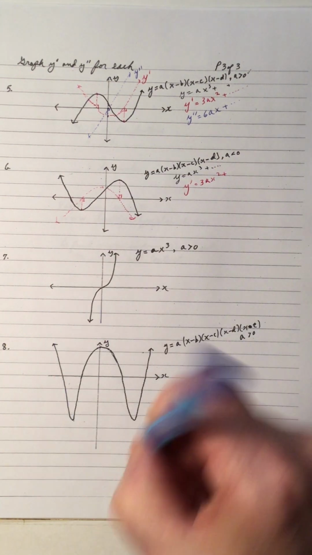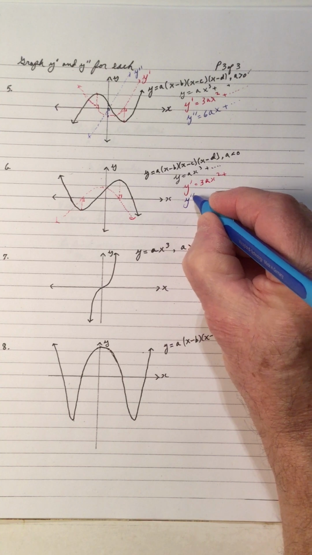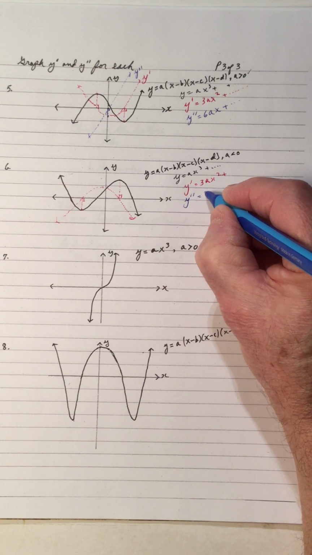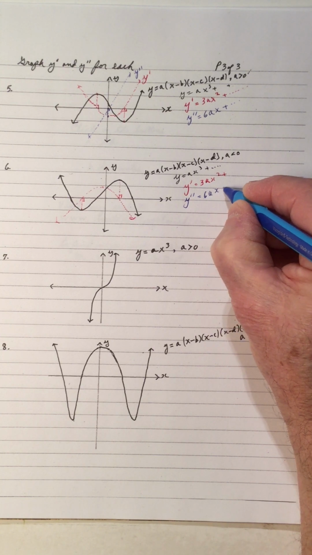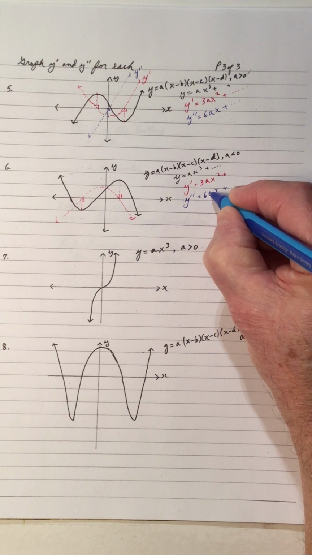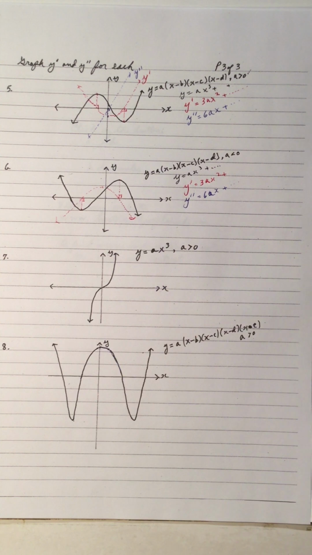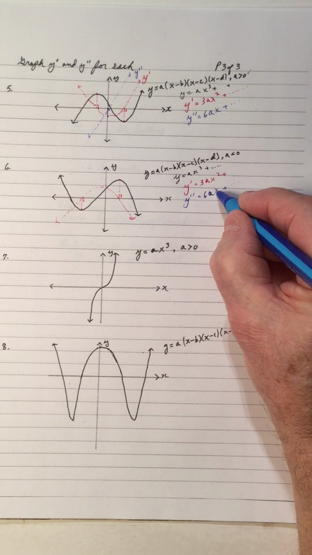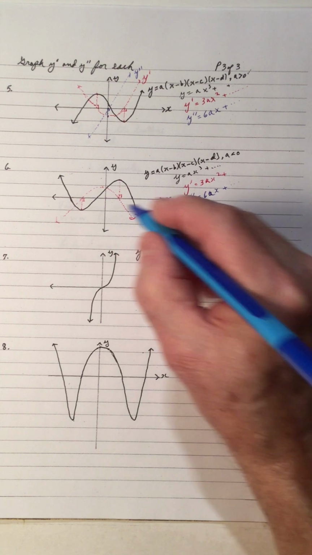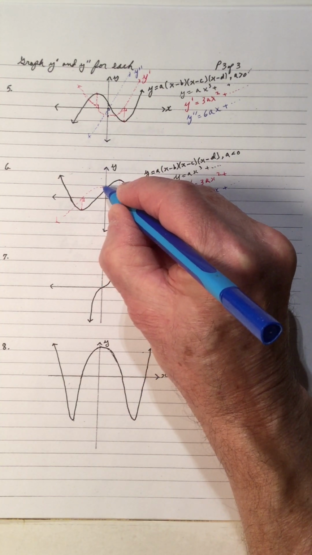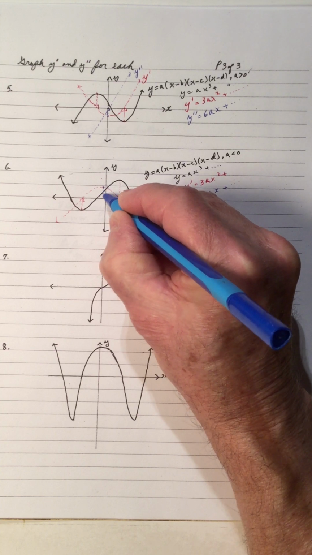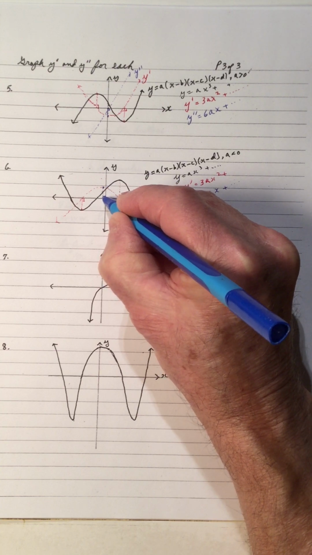Okay, now let's do the second derivative. 2 times 3a is 6a x plus a constant. So notice a quadratic derivative goes to a linear. So whatever the value of this point is here, we drop a perpendicular to here, right there.